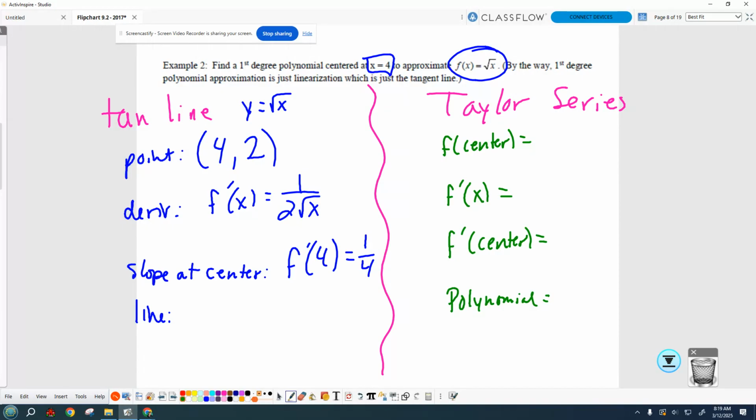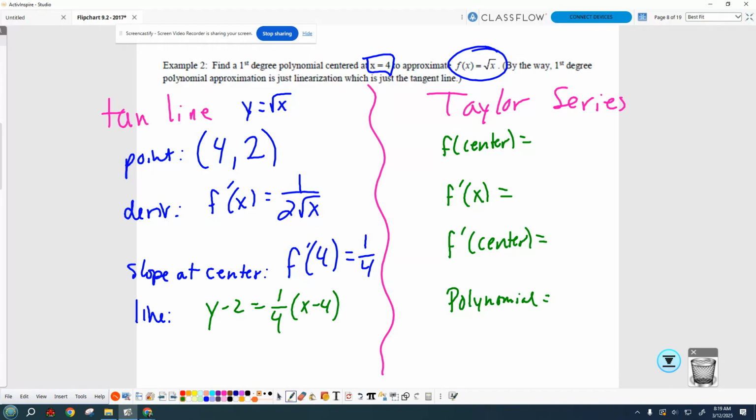Nathaniel, putting all those things together, what's the equation of my tangent line? y minus 2 equals 1/4 times x minus 4. Okay, and that's how we would normally leave it there.